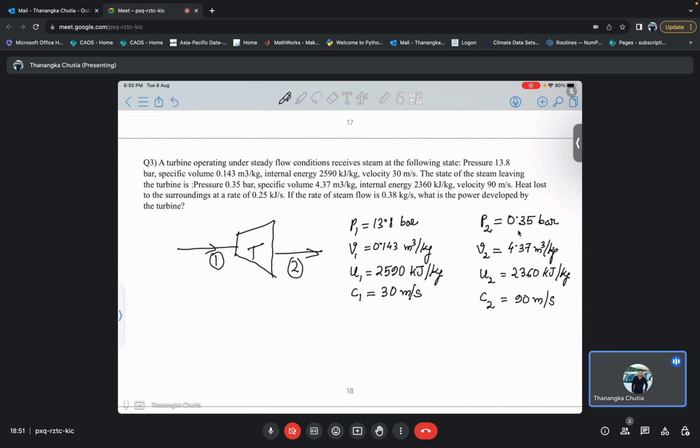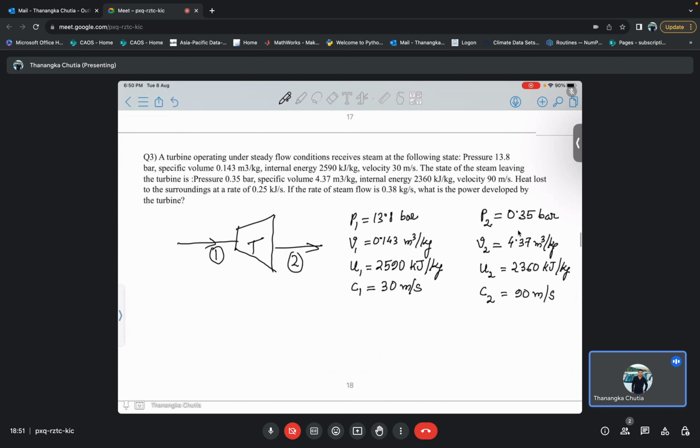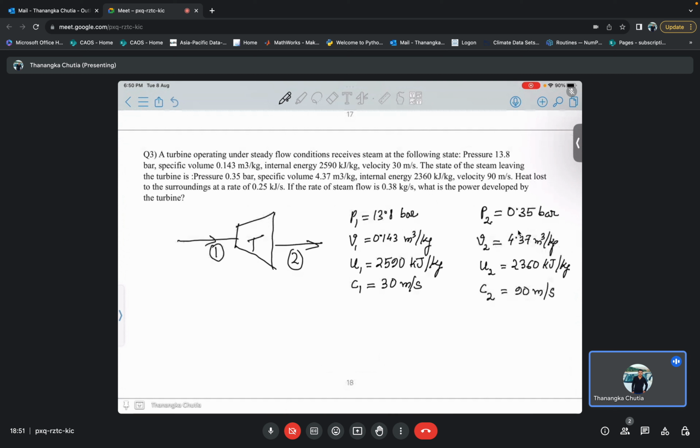Now, in the other cases we have not considered, here there is some heat loss to the surroundings. This heat loss is 0.25 kilojoule per second. The mass flow rate of the steam is given as 0.38 kg per second.